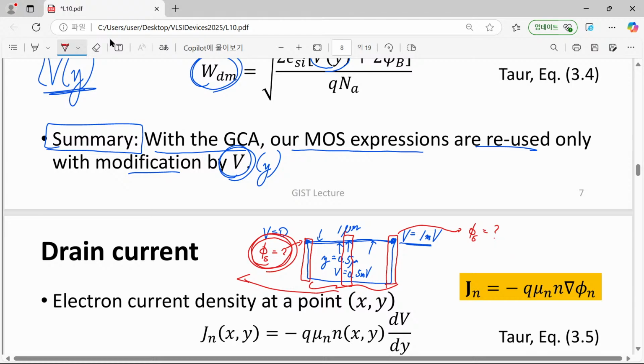For example, this y is not in general a discrete quantity, but just a coordinate, so you can define any arbitrary y values, but in reality usually we introduce certain y values, for example 0, 0.1, 0.2, and so on. Then for those cross sections you can solve this 1D equation and get the surface potential.